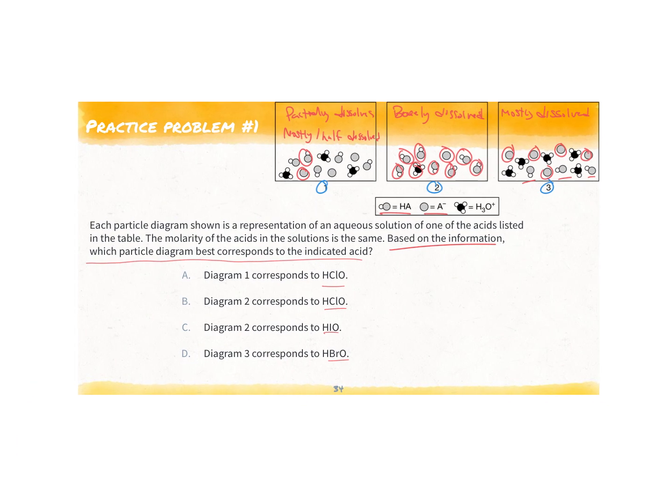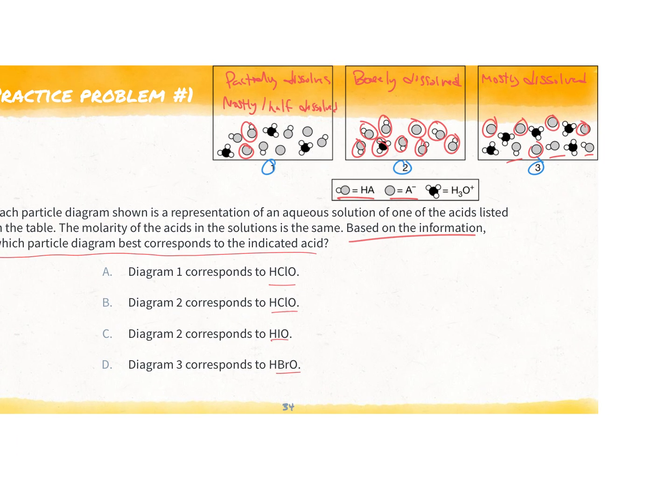And so if we look here, we can think about the strength of these 3 acids. HClO, that looks like this. HIO looks like this. And HBrO looks like this.